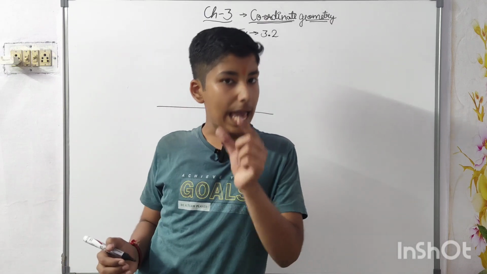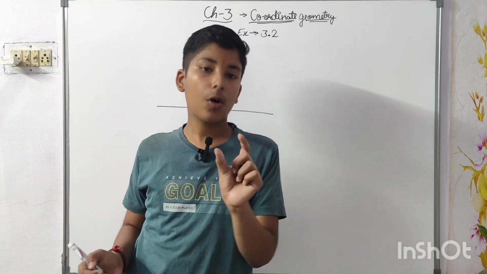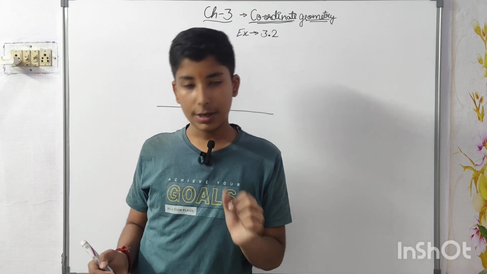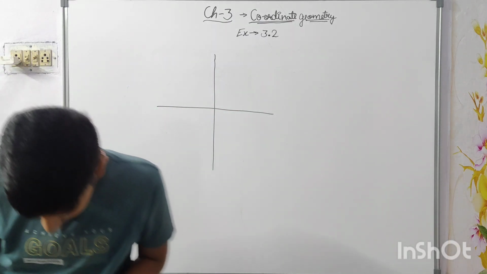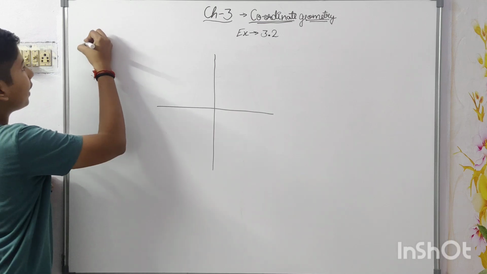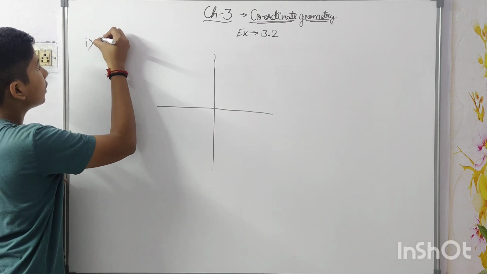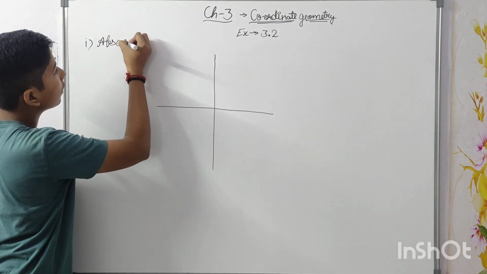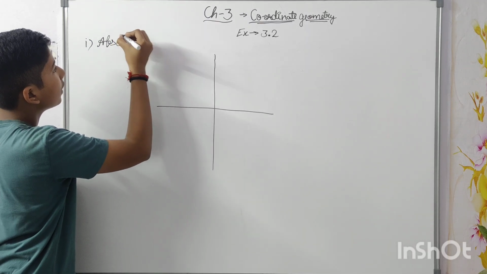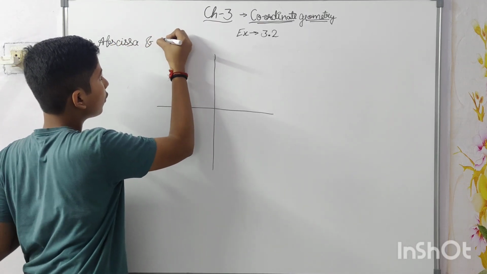So you will say x-axis and y-axis, or you can write abscissa and ordinate. Okay. Now part 2. Let me write the answer. First one: abscissa and ordinate.